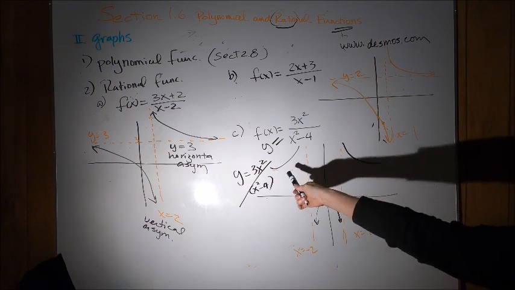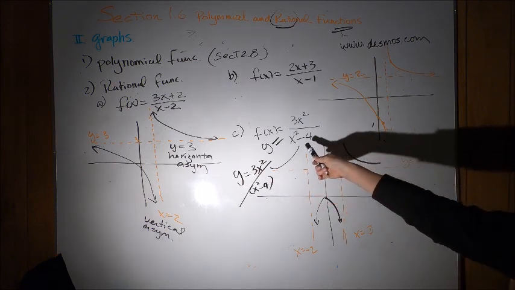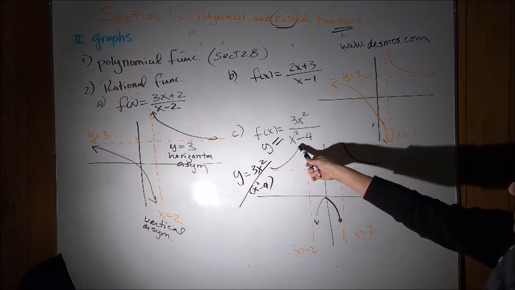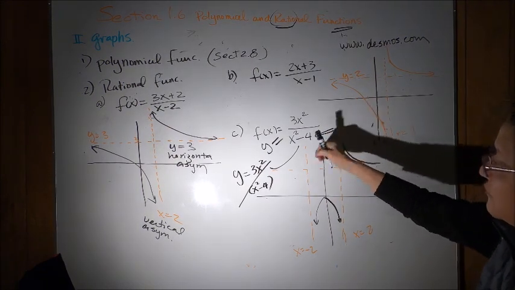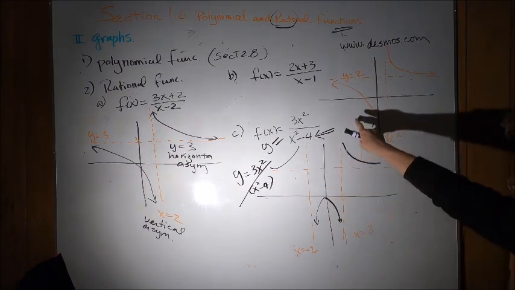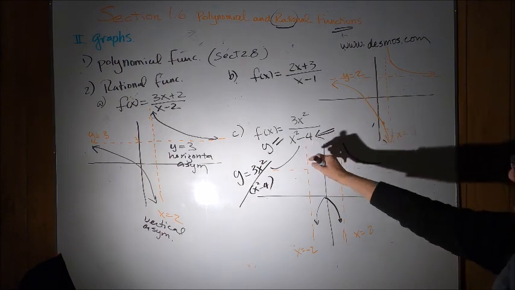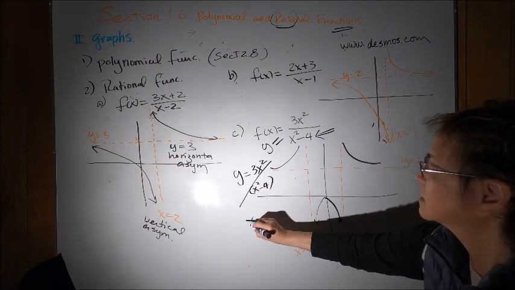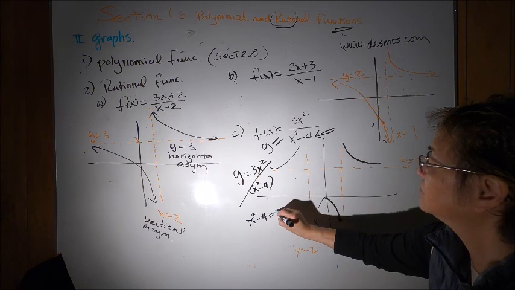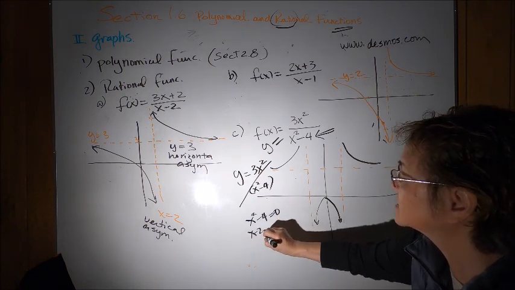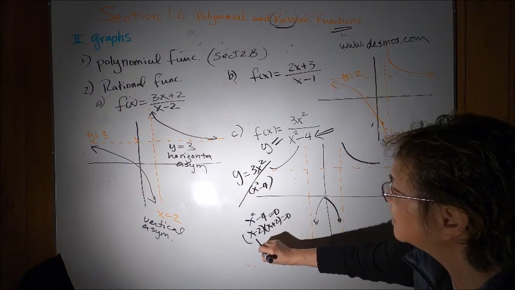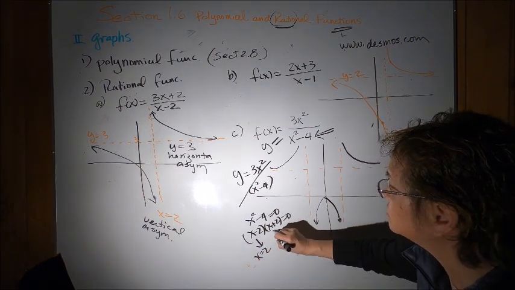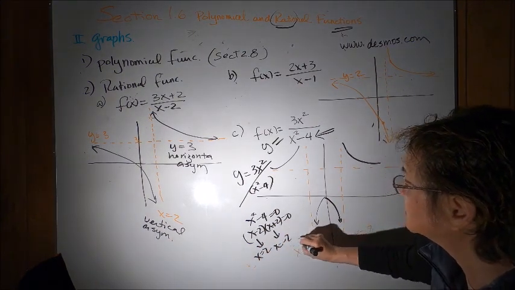So you have asymptotes because the denominator cannot be 0, so that will be your limitation for x. So you have x equals what? When x squared minus 4 equals 0, then you have (x minus 2)(x plus 2) equals 0. Then you have x equals 2 or x equals negative 2.